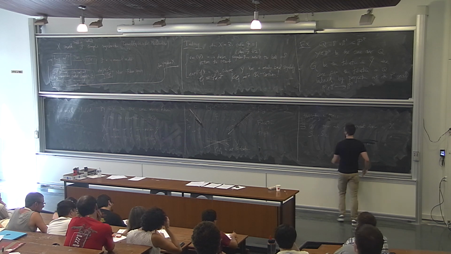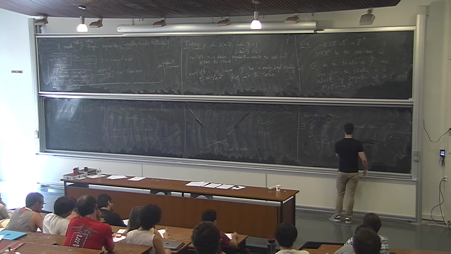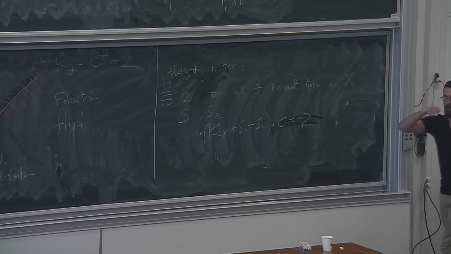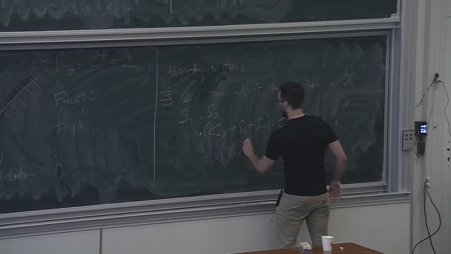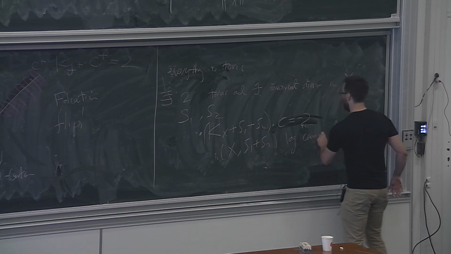What we can compute is that Kx plus S1 plus S2 dotted with C is also minus 2, and the pair X, S1 plus S2 is in fact log canonical.